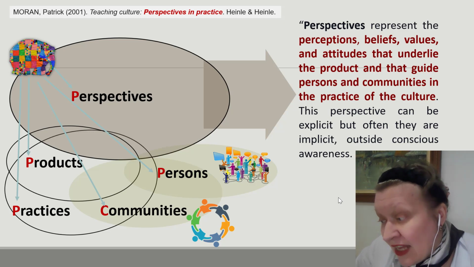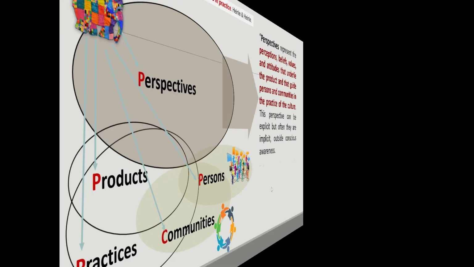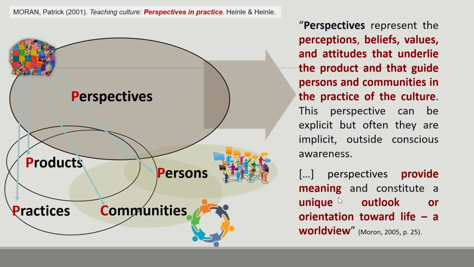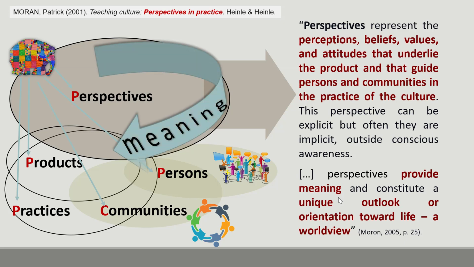These perspectives can be explicit, but often they are implicit, outside conscious awareness. Perspectives provide meaning and constitute a unique outlook or orientation toward life, a world view. We can see that perspectives play the primary role in this model because they define the meaning of cultural objects and guide behaviors. Without perspective, products and practices do not have sense.